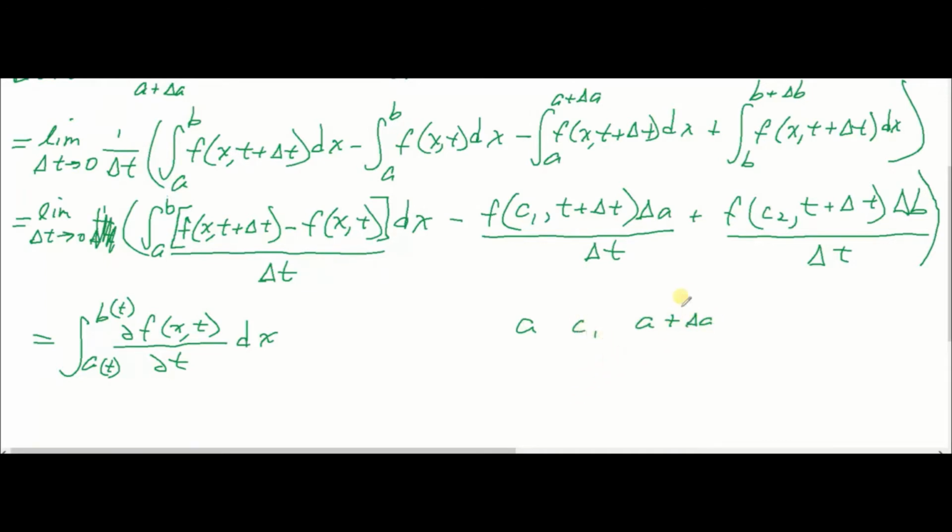Okay, but as delta t goes to 0, delta a goes to 0 because a depends on t, which means this basically just turns into a, and since C1 has to be in between, well, then the limit of C1 as delta t goes to 0 is just a, and so we're basically just replacing C1 with a.